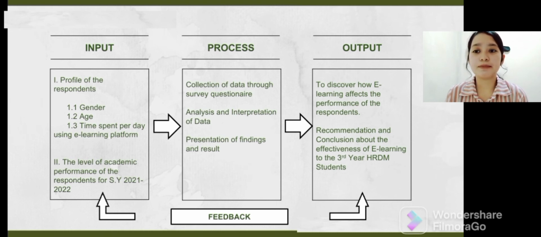The process box contains the data gathering such as survey questionnaire, analysis, and the interpretation of data and conclusion. The output box contains the data gathered on the effectiveness of e-learning satisfaction to the academic performance of third-year HRDM students and recommendation about the effectiveness of e-learning and conclusions.